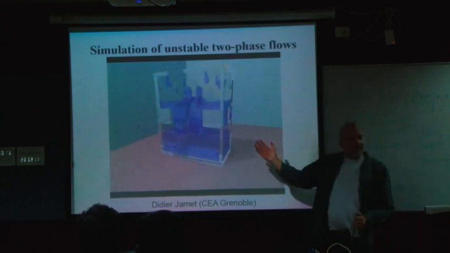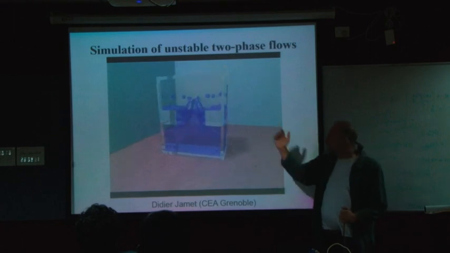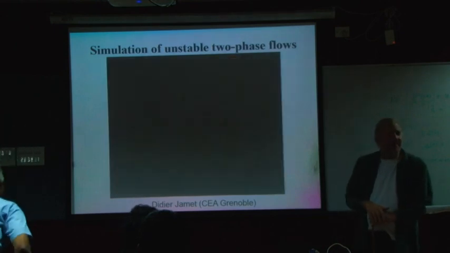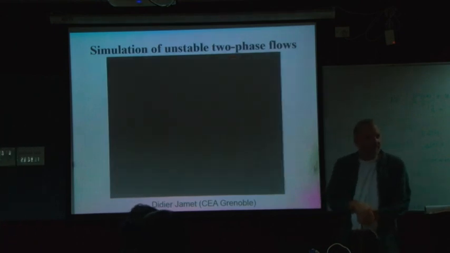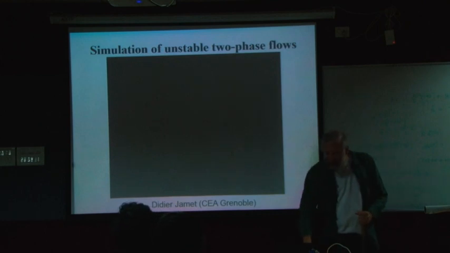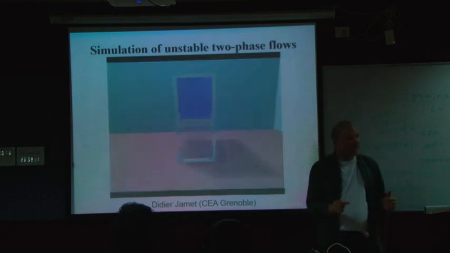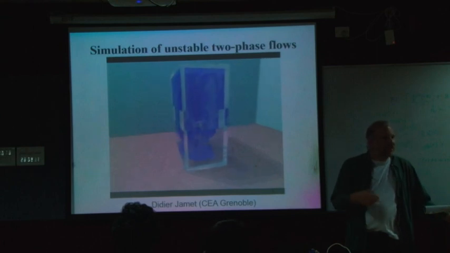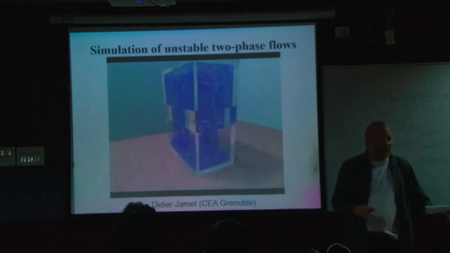Now, this is, in your own eyes, a sign of bad interface thickening behavior. Right? Because if you did this simulation with interfaces that have the physical width, of course this condensation evaporation process should be extremely slow.